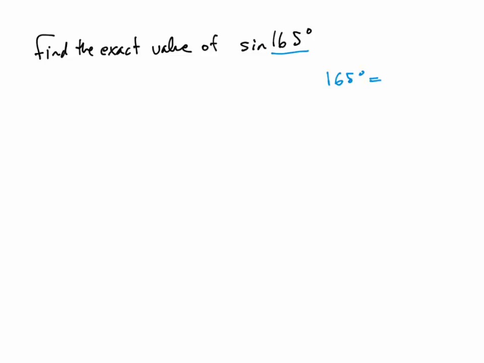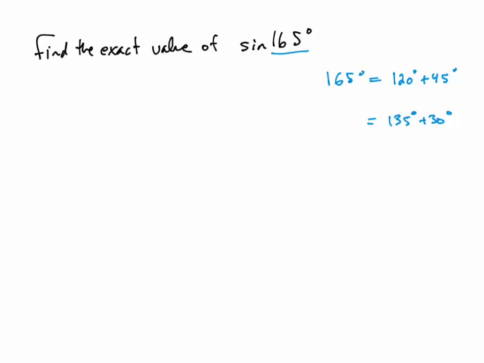There are many different options we could choose. I'll list a couple of these. We could use 120 degrees plus 45. Those are both on the unit circle. We could also say 135 plus 30 degrees. Those are probably the two obvious ones.